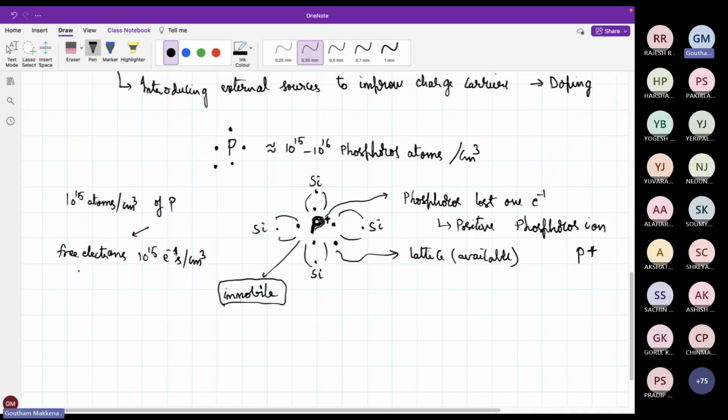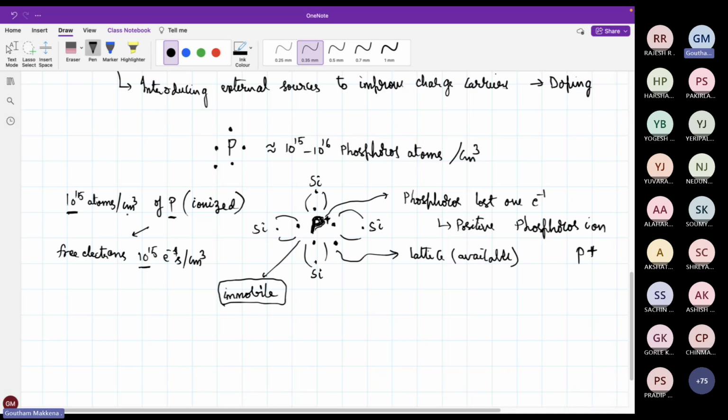Okay, anyways. Because we added 10 power 15 atoms per centimeter cube of phosphorus, we'll have 10 power 15 electrons per centimeter cube. But for that, all these 10 power 15 phosphorus atoms should be ionized.